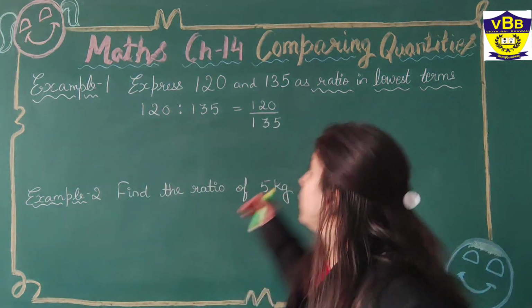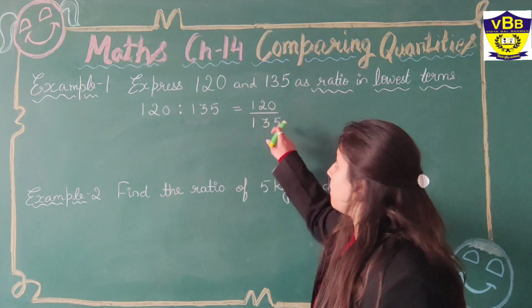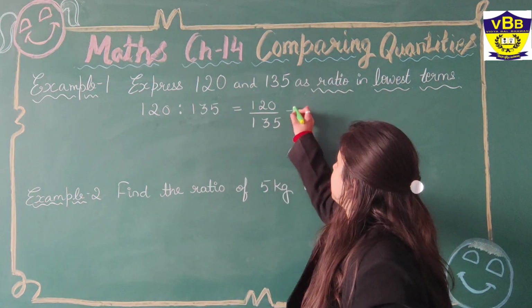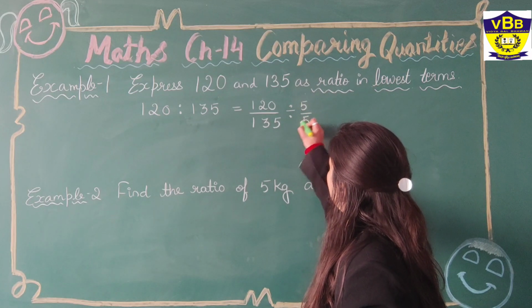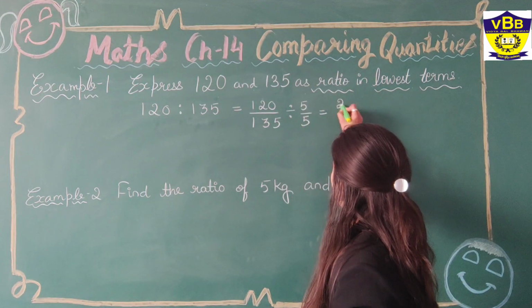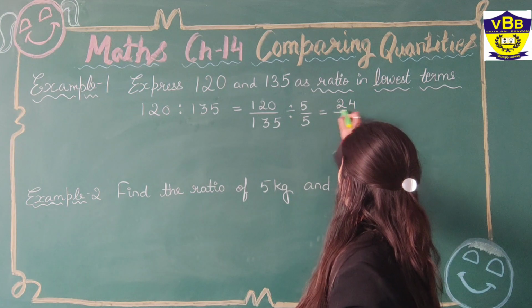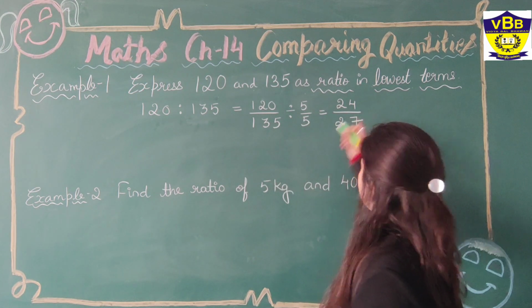We know that 120 and 135 both are multiples of 5, so they can be divided by 5. Let us divide by 5. 120 divided by 5 becomes 24, and 135 divided by 5 becomes 27.